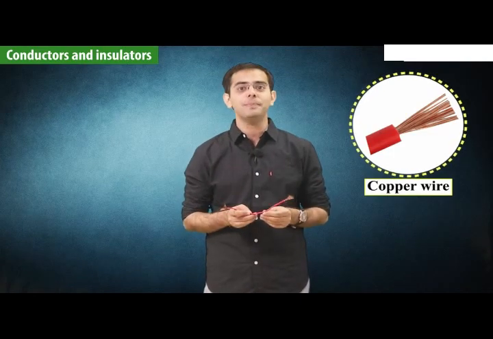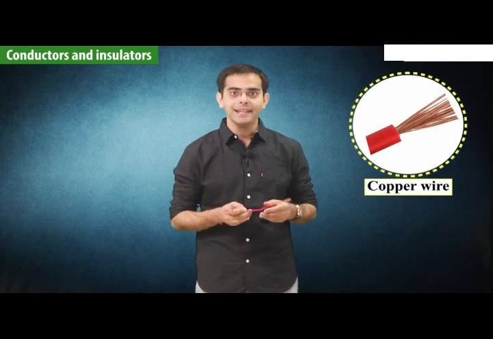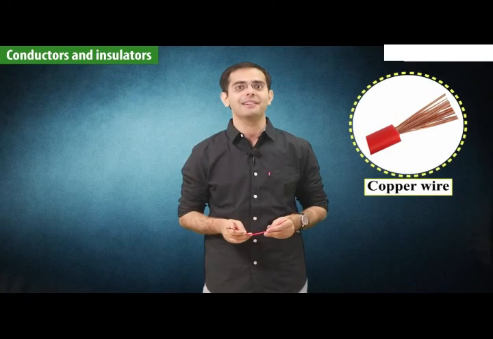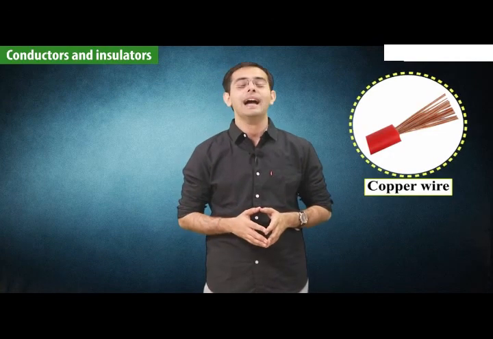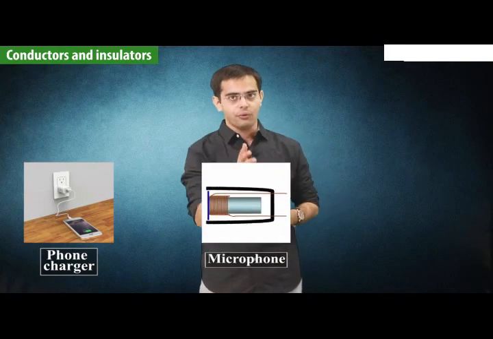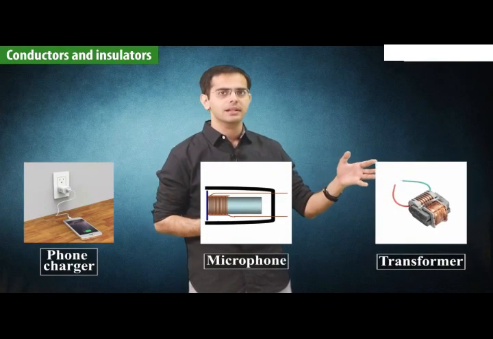But as copper is cheaper than silver, that's why it is commonly used in making wires. Now copper wires are used in domestic electric circuits and in devices such as your phone chargers, microphones, transformers, and many more.